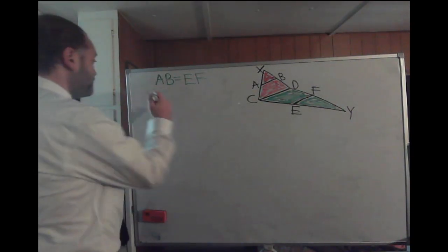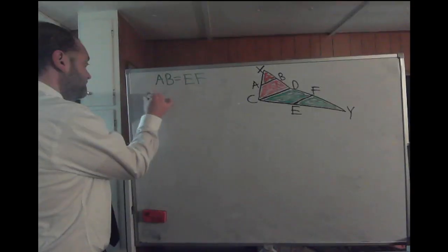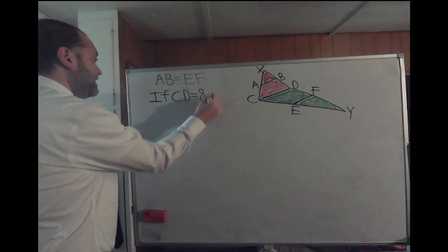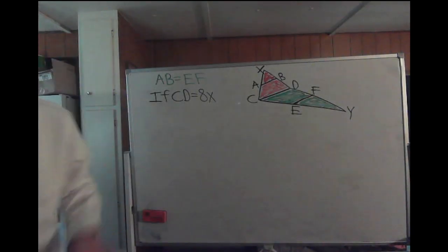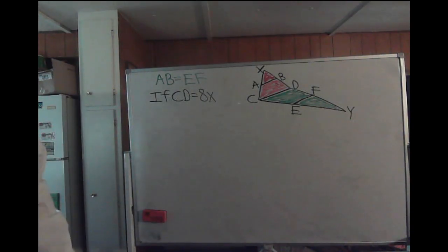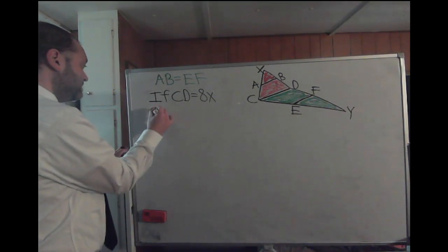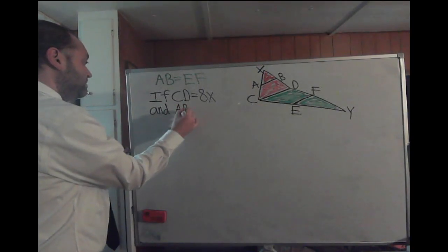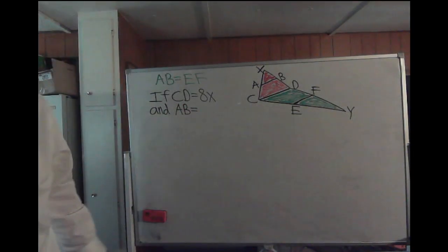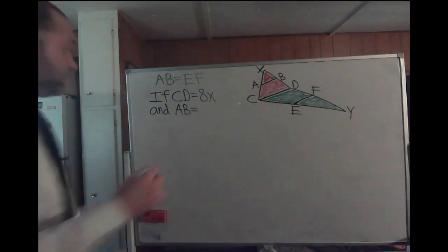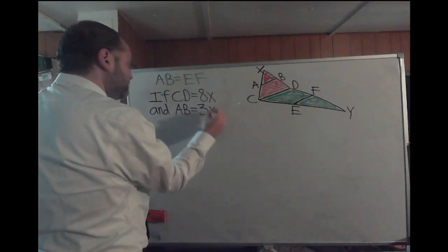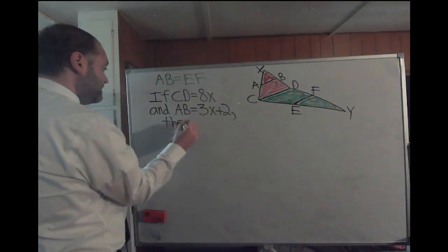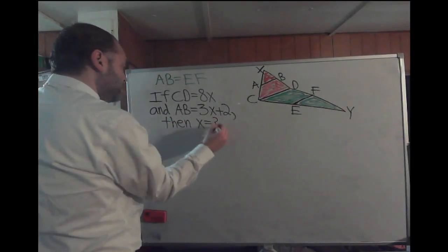So, if CD equals 8x and AB equals 3x plus 2, then x equals what?